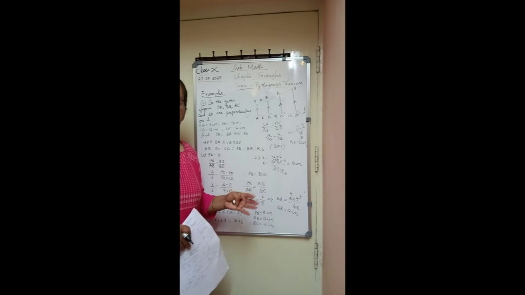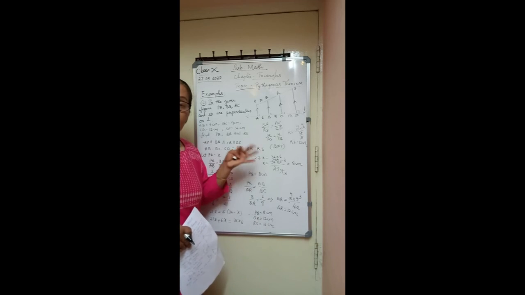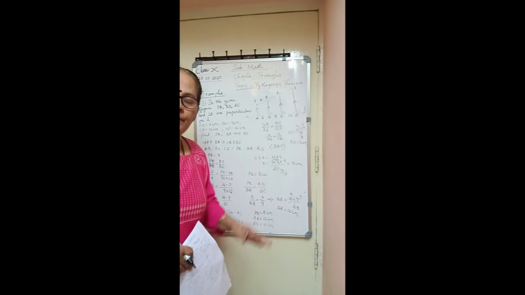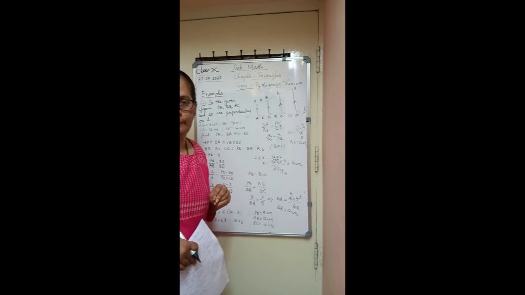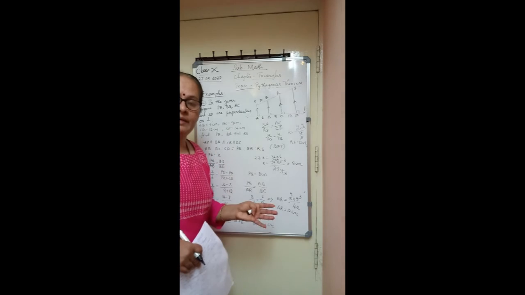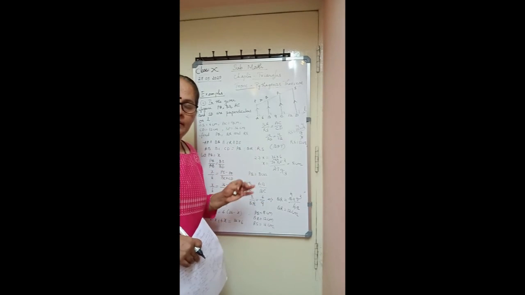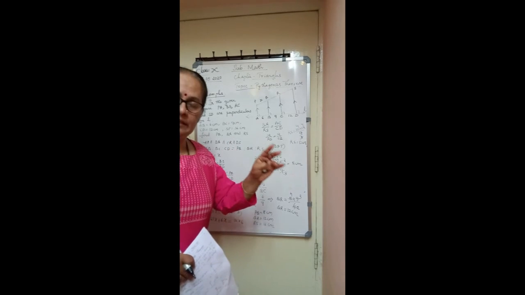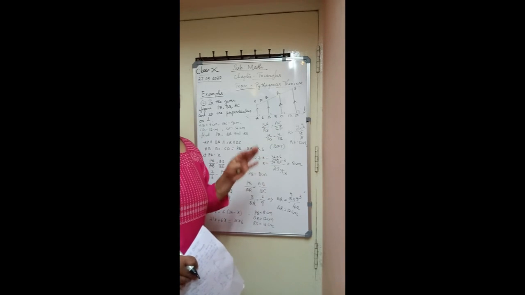Then we learned Pythagoras theorem, the actual theorem, that is in a right angle triangle, the square of the hypotenuse is equal to the sum of the squares of the other two sides. And its converse, that is converse of Pythagoras theorem. When the square of the hypotenuse is equal to the sum of the squares of the other two sides, then it is a right angle triangle.